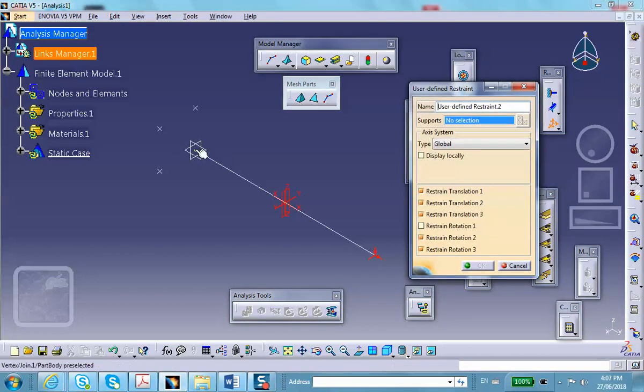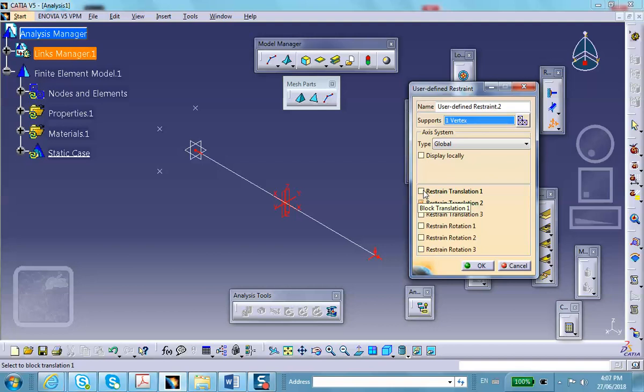Now we go to the other end. This end, let me uncheck all of these. This end was in a plane of symmetry, and the plane of symmetry for this end was parallel to the zx plane. Just look at your coordinate system here, zx plane. So if the point lies in the zx plane, it does not move in the direction 2, direction y.